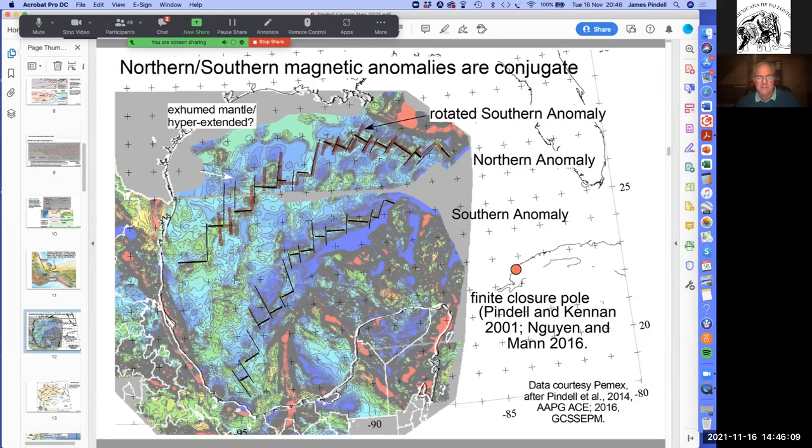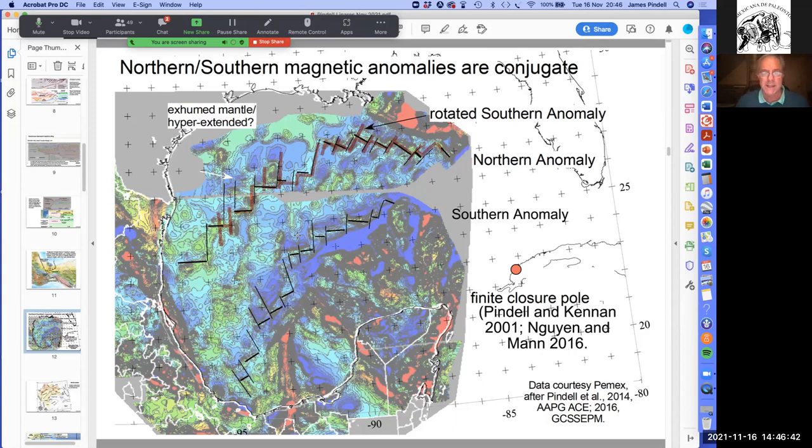So if I took a piece of paper and traced the Yucatan block and all of these lines, and I put my finger on the paper here and then spun the paper back up toward North America, keeping my finger fixed on this point, then all of these lines would end up lying on top of those lines. And we would make a plate reconstruction that has removed all of the oceanic crust between Yucatan and Texas.